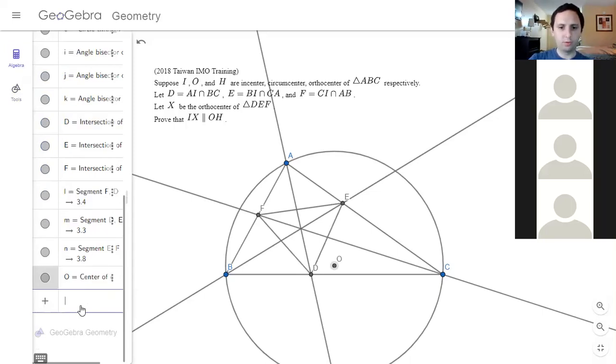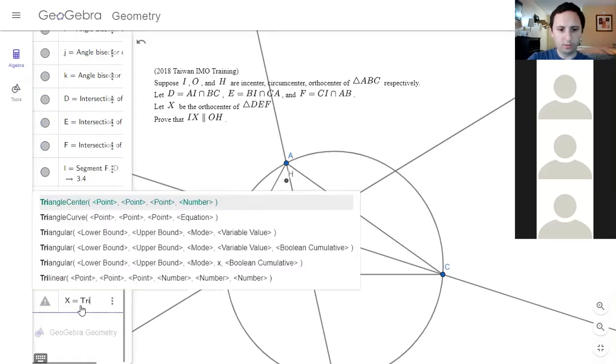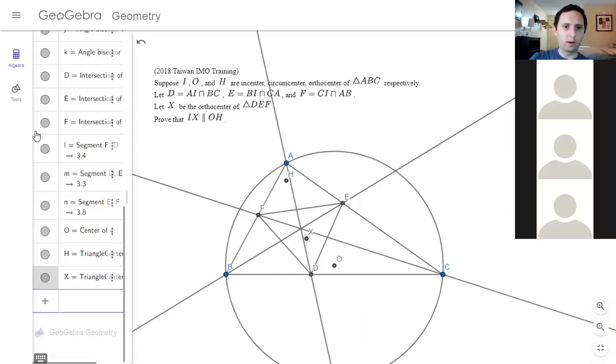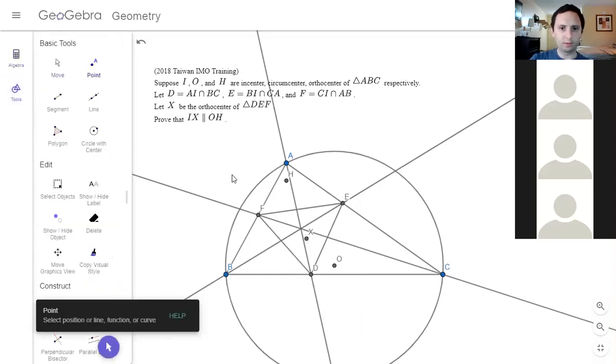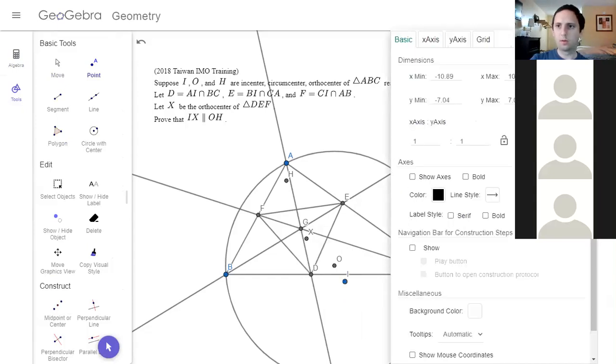And then that point should be the incenter.